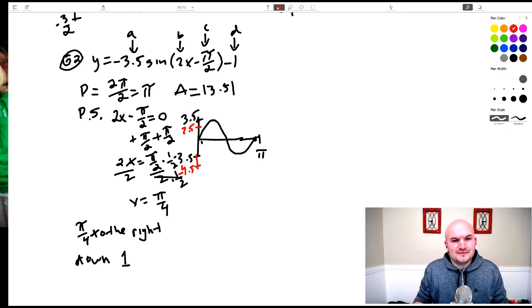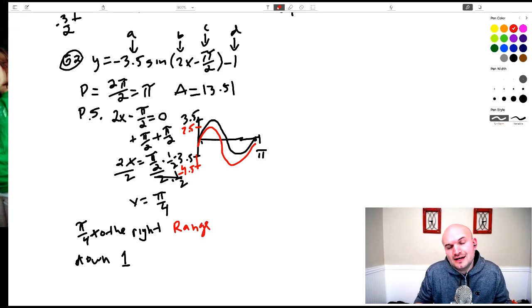So the graph is now looking something like this, right? So therefore, we can say that the range is not the values just of the amplitude like it was for these, but the vertical shift has now affected that. So now the range here is negative 4.5 to 2.5.